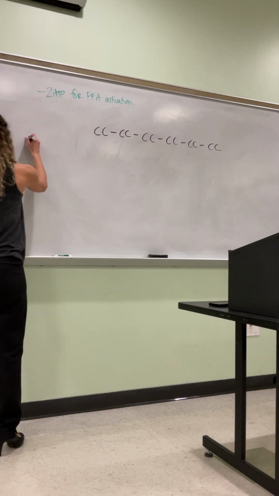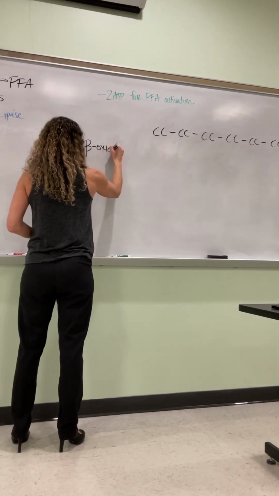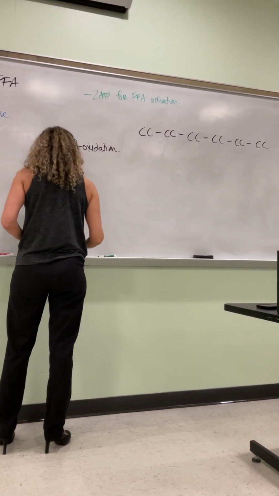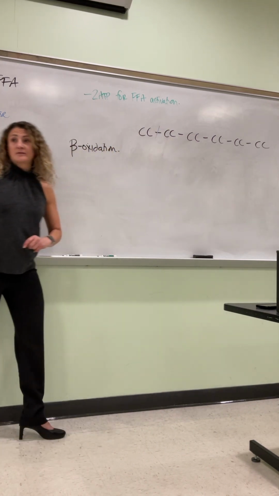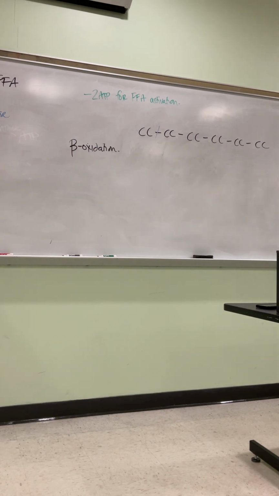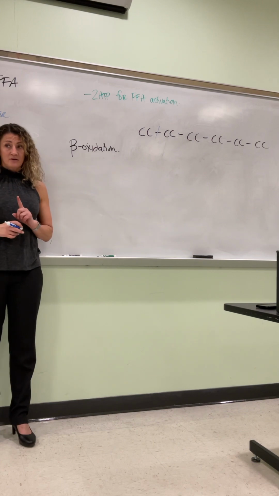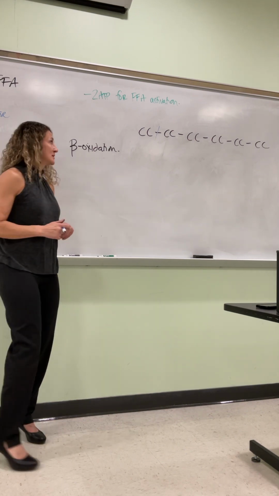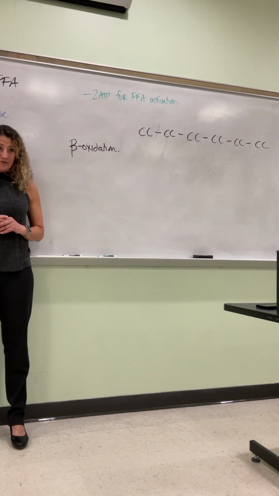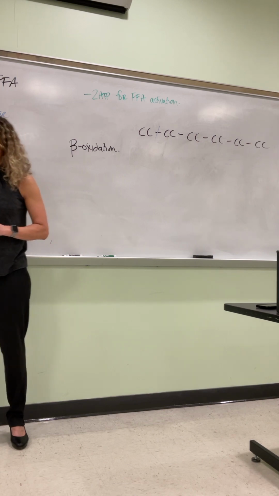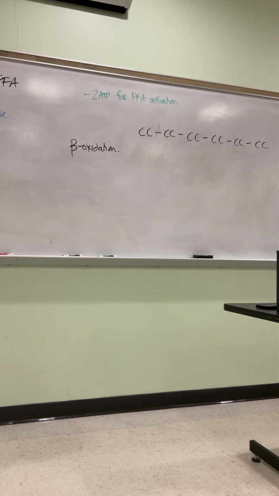So the process of beta oxidation will break one of these bonds and separate a pair of carbons from the chain. One pass through beta oxidation is going to break one bond. That reaction produces hydrogen and electrons that need to be cleared with the electron carriers into the electron transport chain.